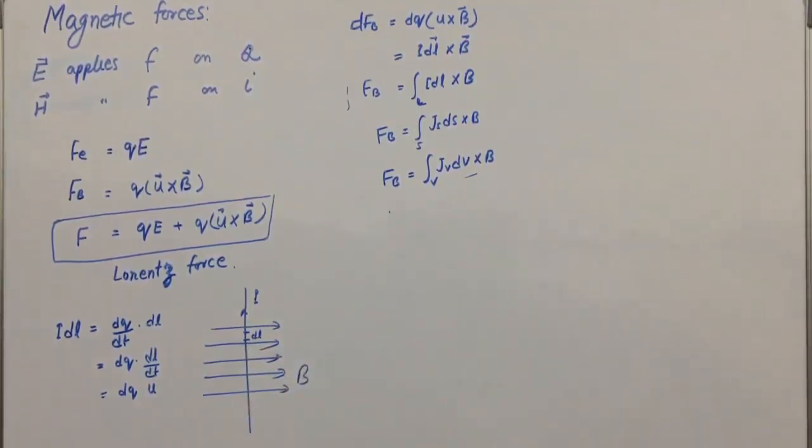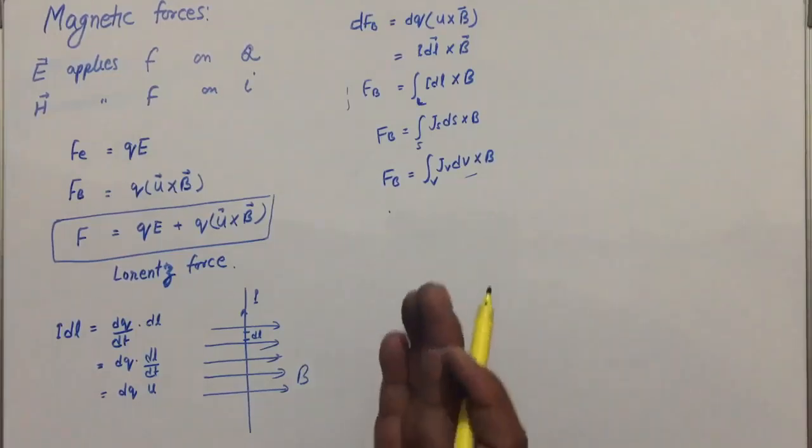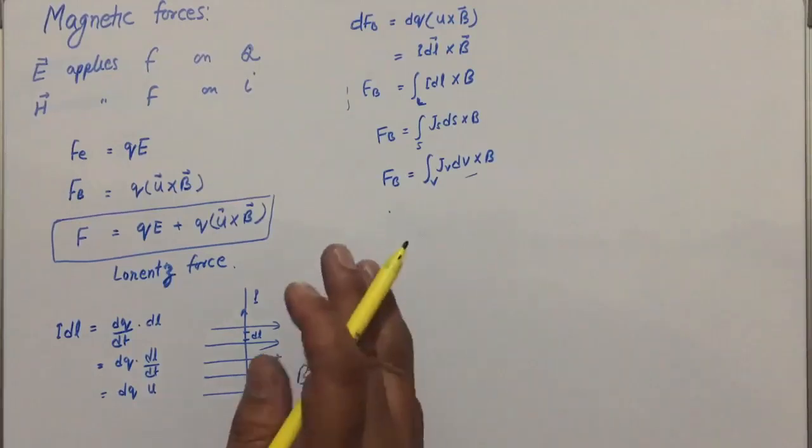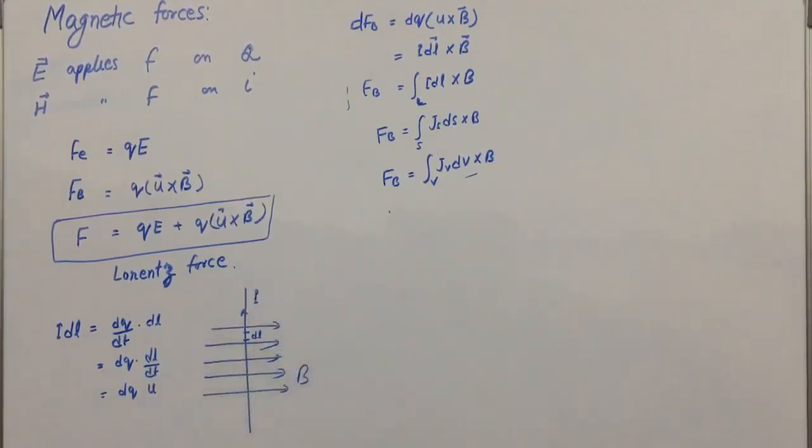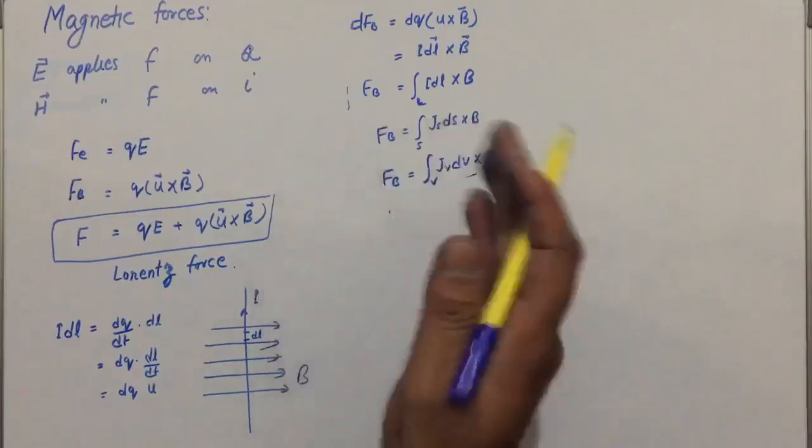So we can say there should be two current carrying conductors near each other, one generating the magnetic field and the other experiencing force due to that field. So the conductors will apply force on each other.